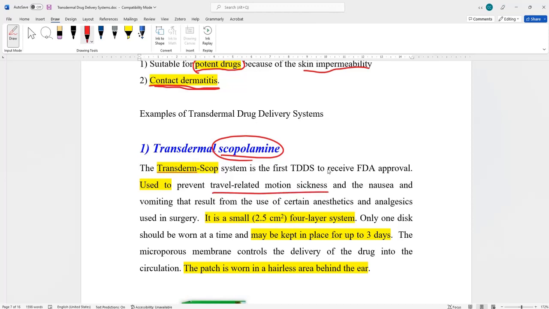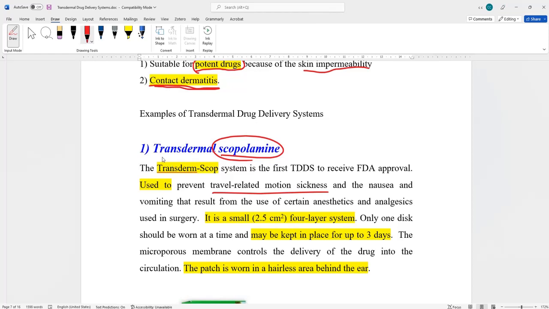Some people, when they travel by sea or by air, suffer from motion sickness, and they cannot eat anything, and they feel dizzy and nauseated. And also people who were in surgery and were receiving general anesthetics. Those people will not be allowed to eat after the surgery, otherwise they will vomit, because their stomach will not be feeling well. So in these cases they give scopolamine.